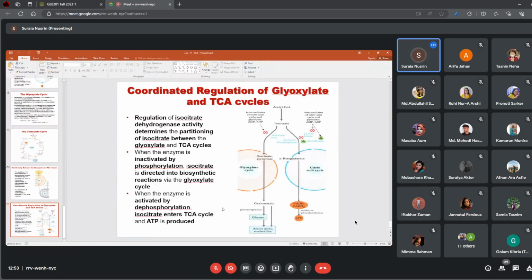At first we get pyruvate by glycolysis, then pyruvate further undergoes oxidative decarboxylation into acetyl CoA. Acetyl CoA enters the TCA cycle, whereas the other nutrients, fatty acids and amino acids, are all converted to this 2-carbon compound, acetyl CoA, and all those acetyl CoA then enter the TCA cycle.